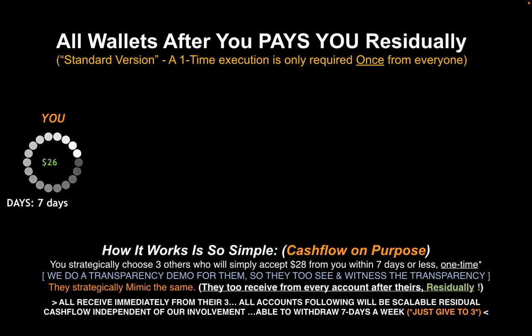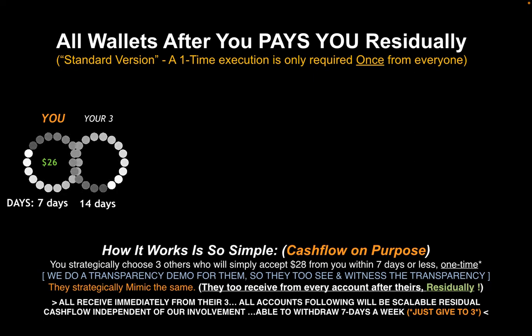Now watch this. Your 3 are gonna do the exact same thing. Low barrier of entry, only one time. With a low barrier of execution, only one time. Okay? They're gonna do it within, because we want everybody 7 days or less, right? So they're doing it in their 7 days, which is 14 in total for you.